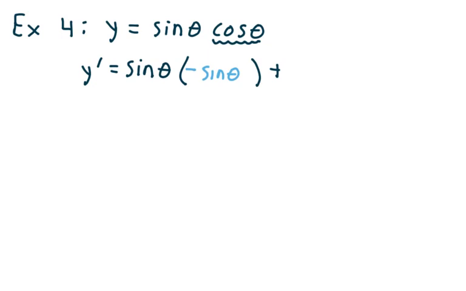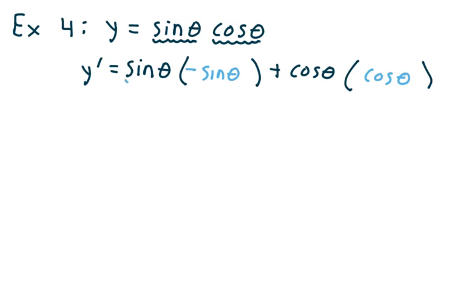And then I'm going to add cosine theta, and then I'm going to multiply times the derivative of the first function, which is sine theta, and the derivative of sine theta is cosine theta. So I'm going to put a cosine theta right here.